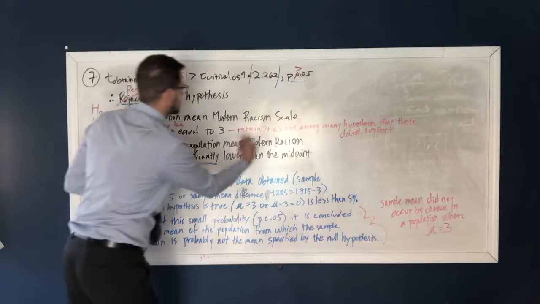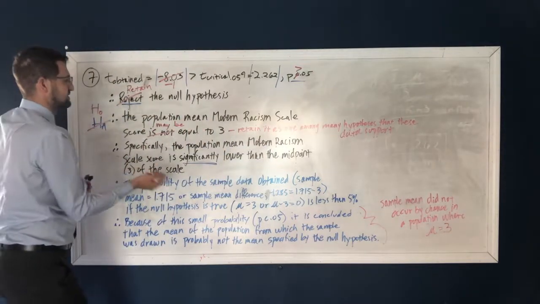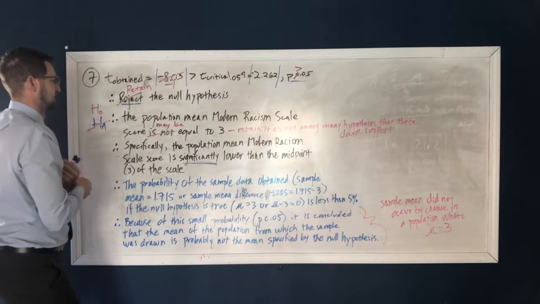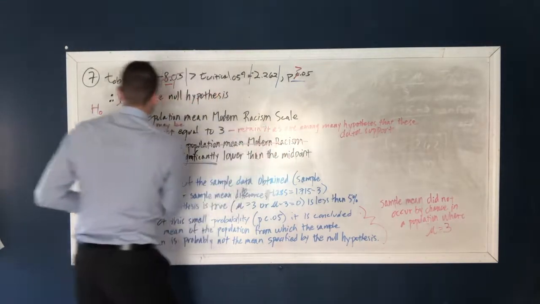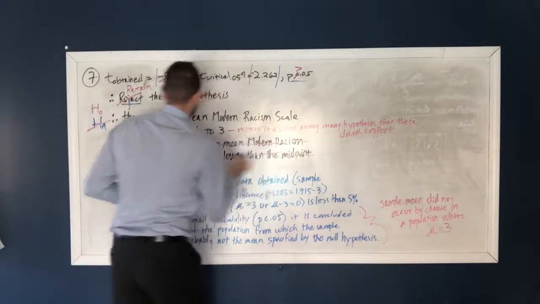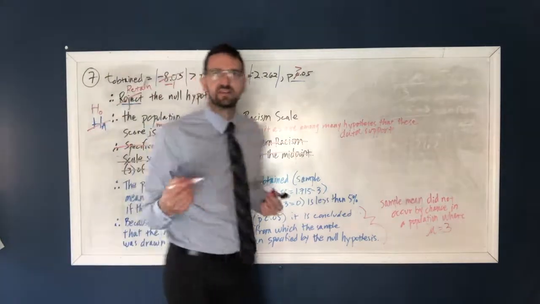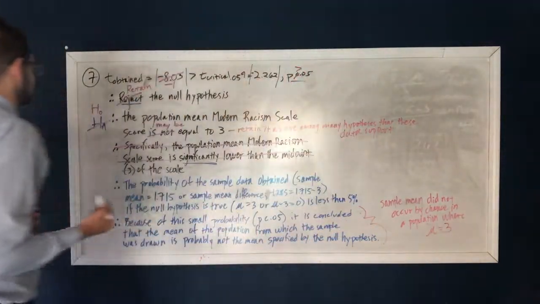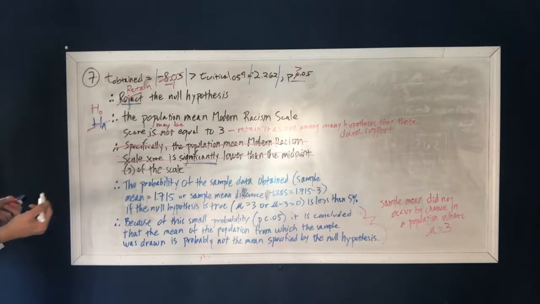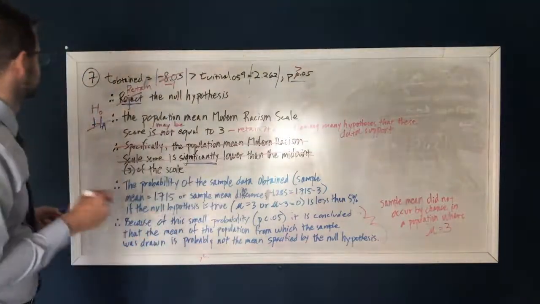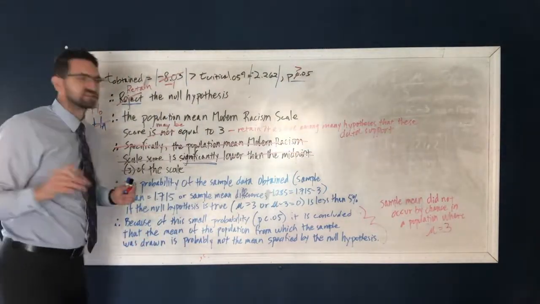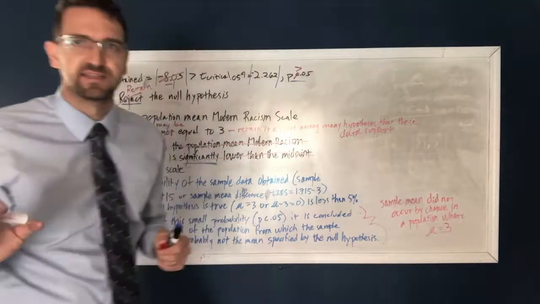Specifically, the population mean modern racism scale score. Actually, you would strike this entire statement, right? Because we're saying that it may be equal to 3. Though, I suppose, I'm going to slightly take that back. It depends on what your hypothesis is.